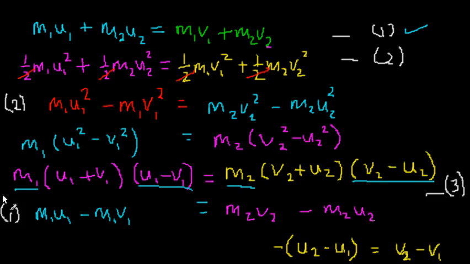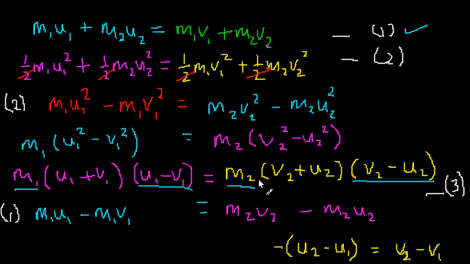Now compare this with the underlying parts. You see, the m1 here and the u1 minus v1. If I take m1 times u1 minus v1, I actually get this. See, m1 u1 is this, m1 v1 is this.